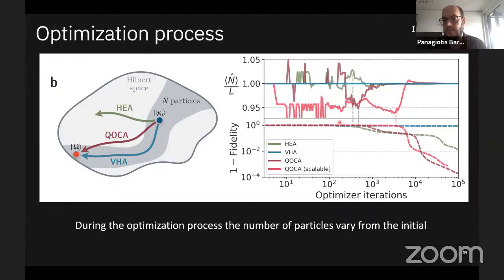This clearly shows that we are not following the path like the one in blue here, but we are going through the path in dark red. This is quite nice because we are able to converge by using a path that is hopefully shorter.